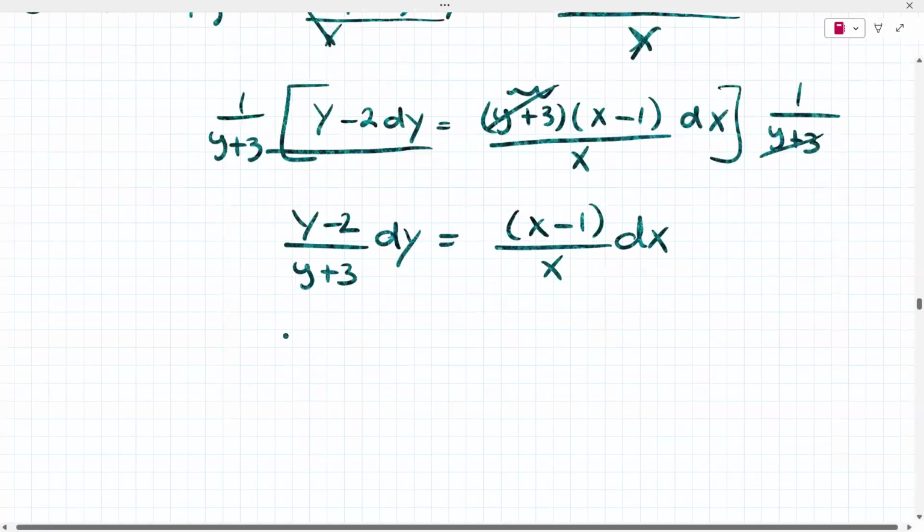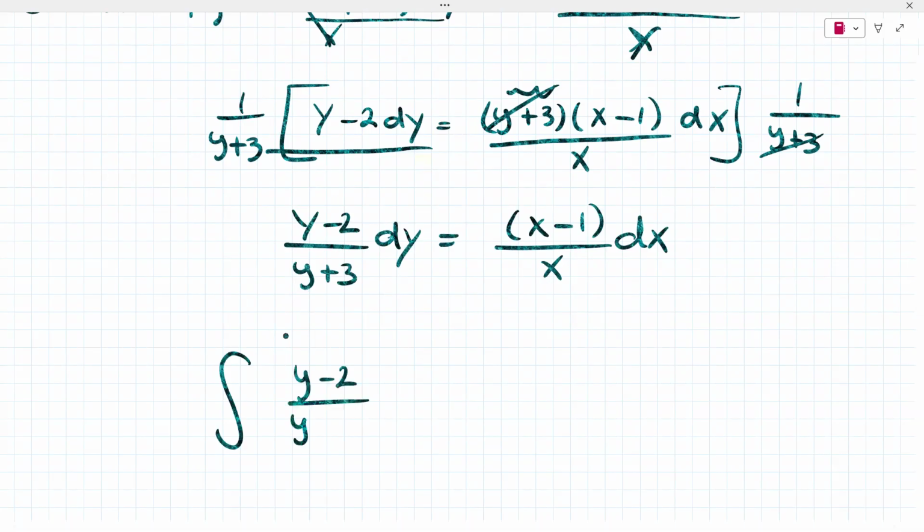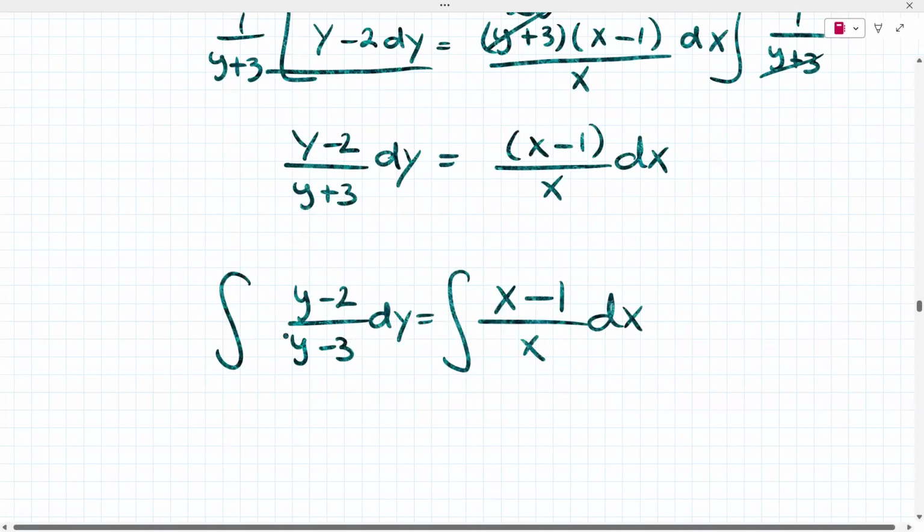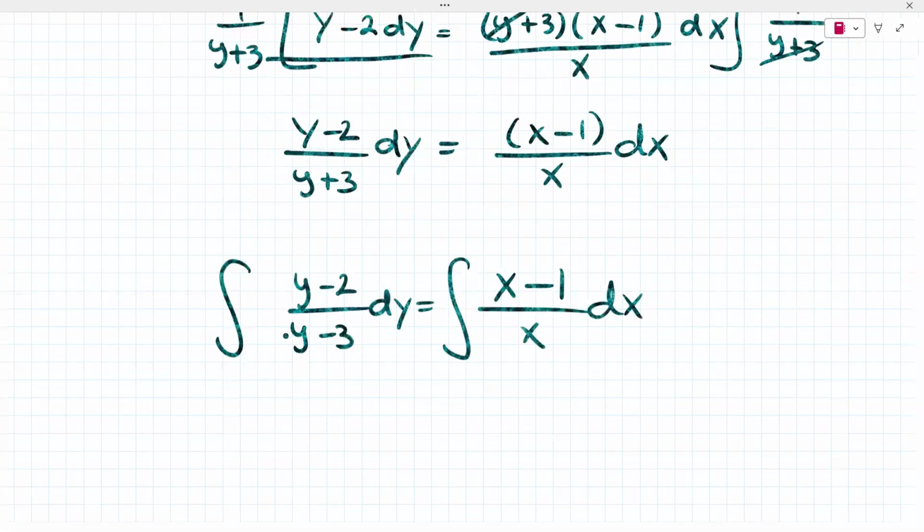Okay, now you can take the integration of both sides. On the left side, how do we take the integration of y minus 2 over y plus 3? Yes, you said it.